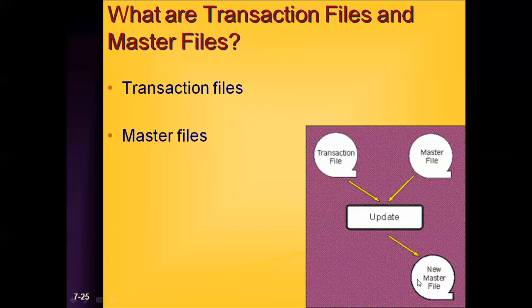So let's continue to talk about some of the nomenclature that is associated with computer-based accounting systems, and one of the terms that you may hear are transaction files. Transaction files typically are analogous to the journals that you would have associated with an accounting system.